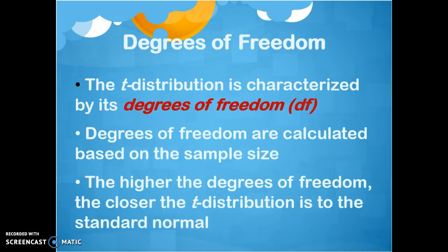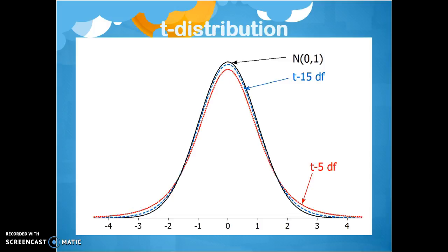People use it a lot and don't really know what it means. It's just a way to represent our sample size and whether it's high or low, and it has a very particular kind of calculation. Point being, the higher our sample size, the higher our degrees of freedom.